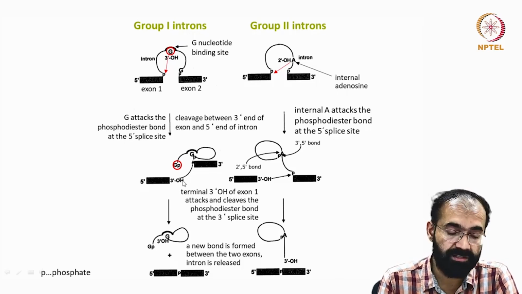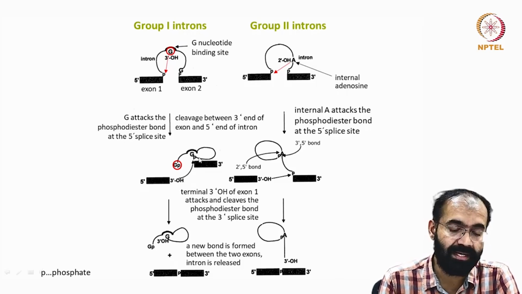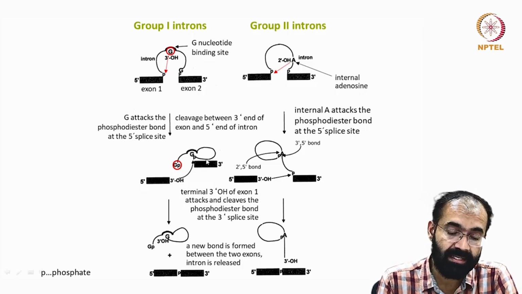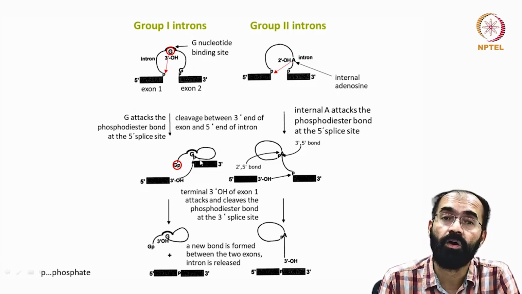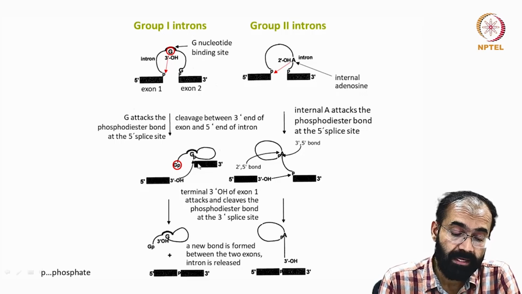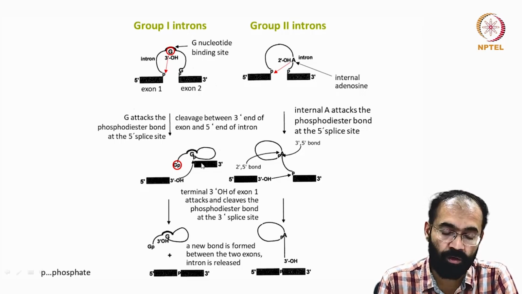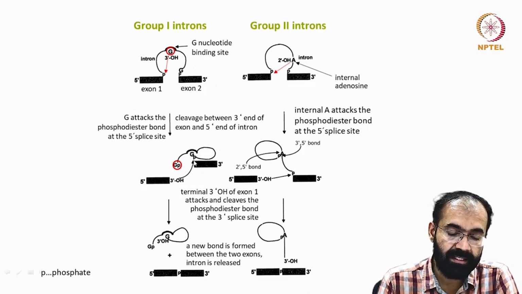This 3' OH does a second nucleophilic attack onto the 3' end of the intron and the 5' end of exon 2. So the second nucleophilic attack happens from exon 1 onto the 5' end of the second exon, and as a result the intron will be released from that 3' end also.